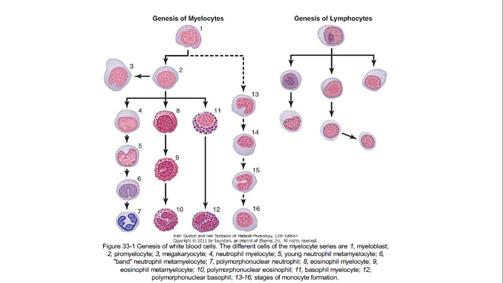The one common feature in all of them is the presence of granules, and the color of granules is not the same in all of them. In neutrophil it is bluish purple in color. In eosinophils there are large granules, and these granules are reddish in color.